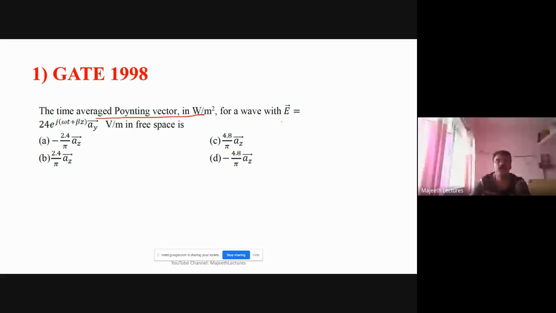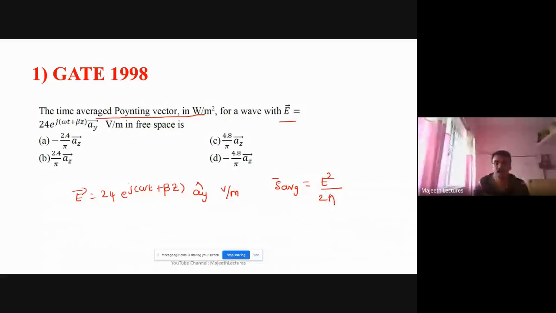So what they have given is the E value: E is equal to 24 e power j omega t plus beta z ay cap volt per meter. What they ask is the average Poynting vector. What is the average Poynting vector? It is 1 by 2 E cross H, that is E squared by 2 eta, or 1 by 2 E squared by eta.